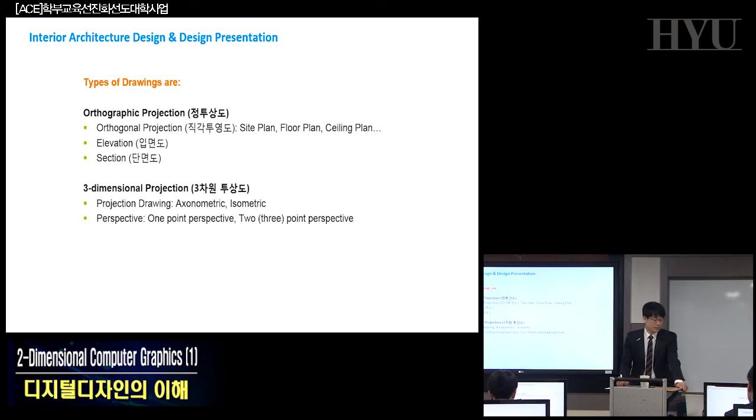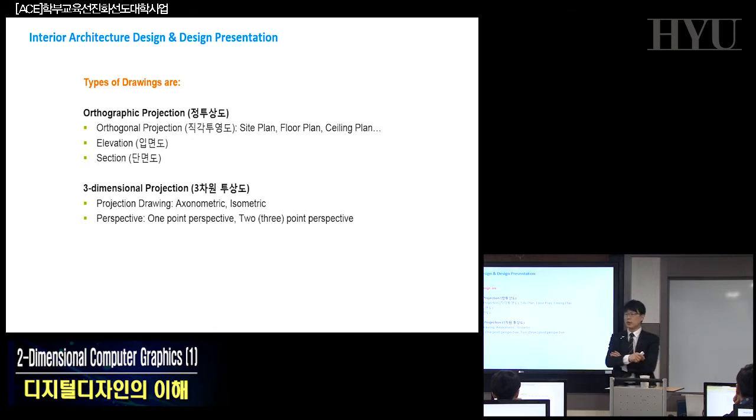In perspective classification, there are three different types: 1-point perspective, 2-point perspective, and 3-point perspective. Probably you experienced drawing perspectives by hand. It really takes time. Very tedious and time-consuming work.